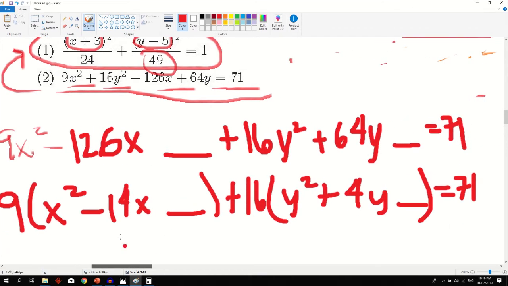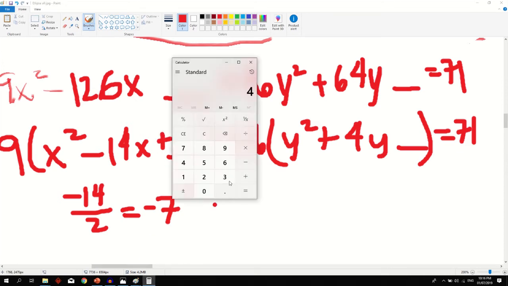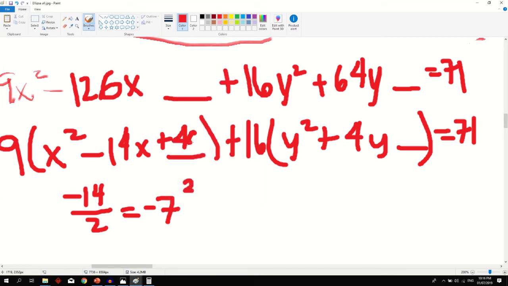And second, now I want to complete the square. So how can I complete the square? I'll need to divide this by 2. So negative 14 divided by 2 is equals to negative 7. You square negative 7, it will be plus what? 7 times 7 is equals to 49.